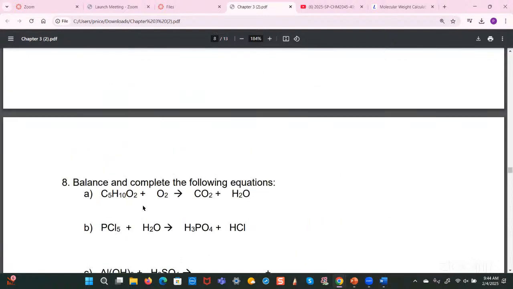Okay, so for question 8, it says balance the following equation. So how will you balance the first one? Well, you should be able to do this in no time.